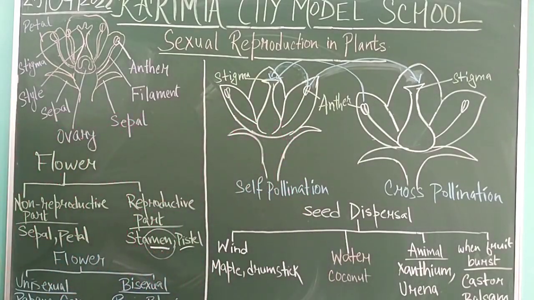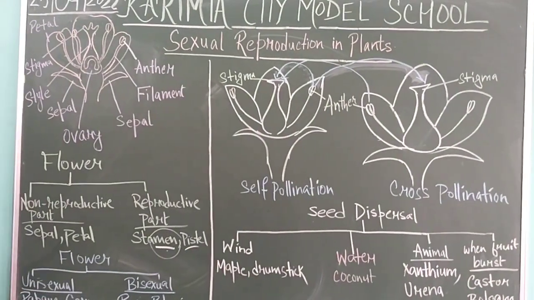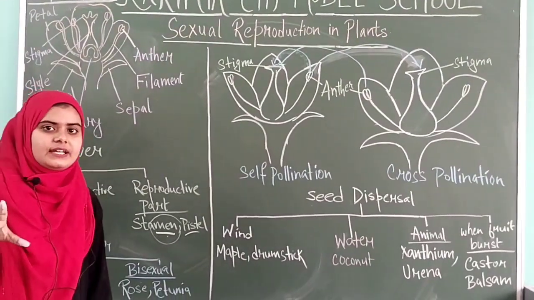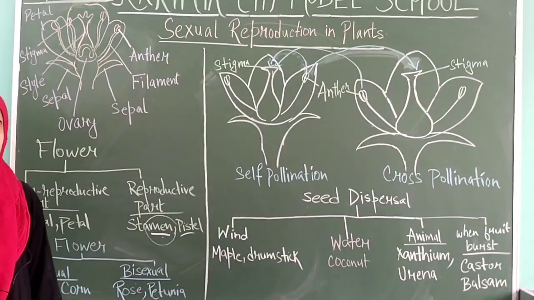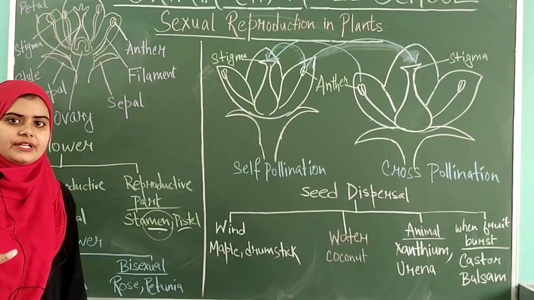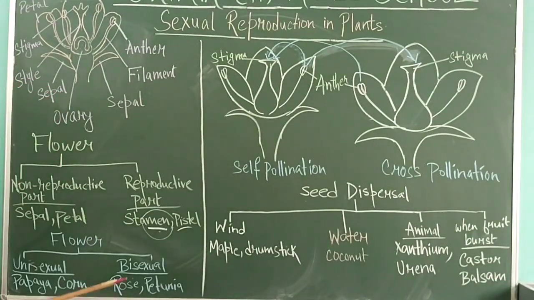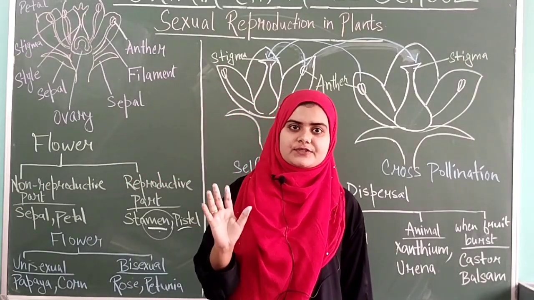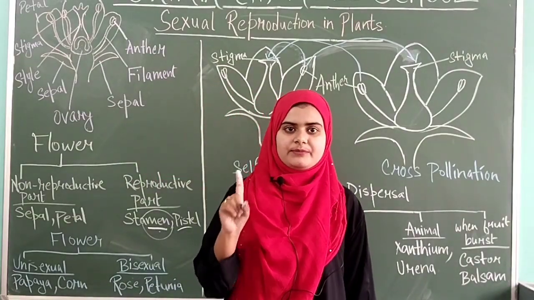The examples of unisexual are papaya and corn. If you have seen a papaya plant anywhere, it must be either male or female. And bisexual examples are rose and petunia. In rose and petunia, both male and female sex will be present in one plant only.